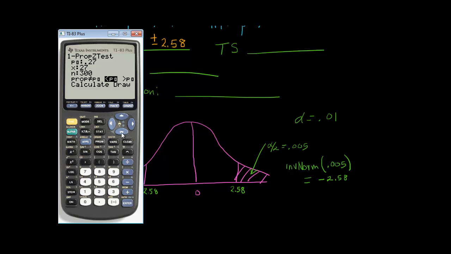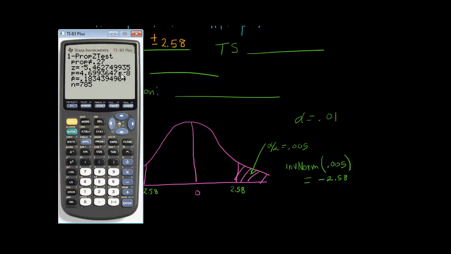The x we calculated and did a little rounding to get 144. Our n was 785 subjects in the survey. And this is a two-tailed test, not equal to. So I'm going to highlight that and calculate. Okay, so here's my test statistic, my z-score of negative 5.4627, which I would round to negative 5.46.